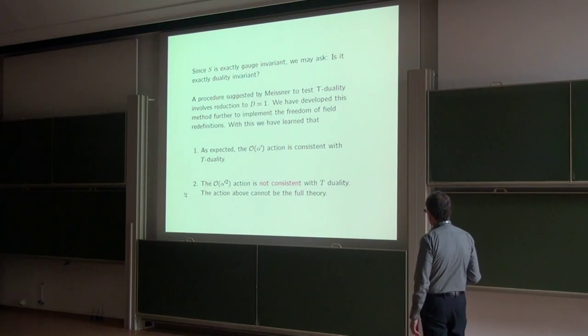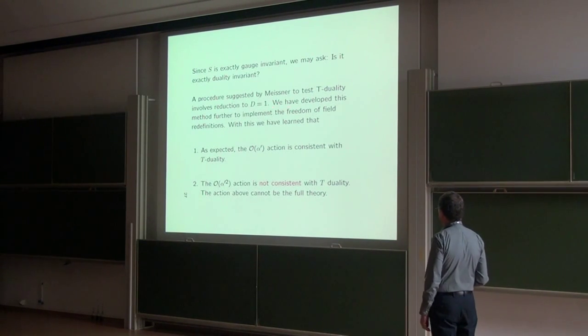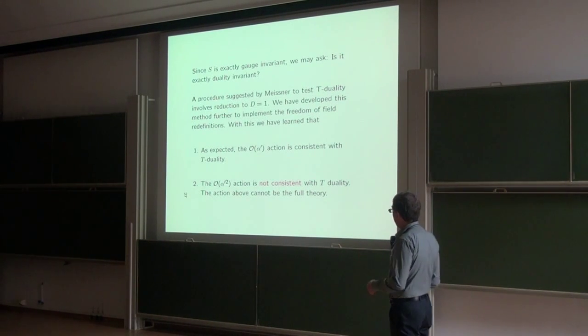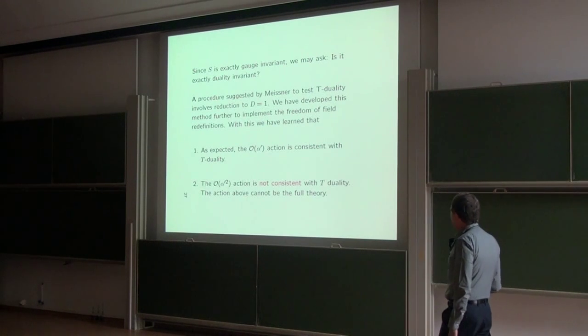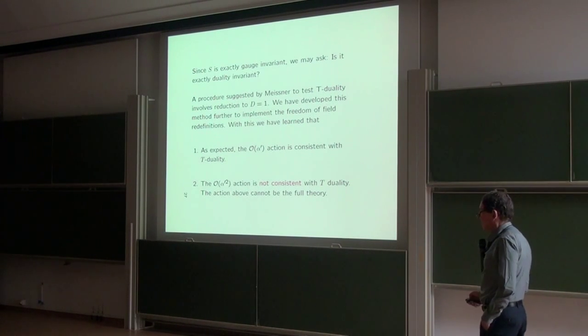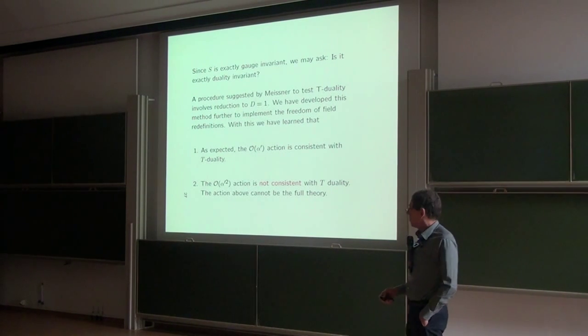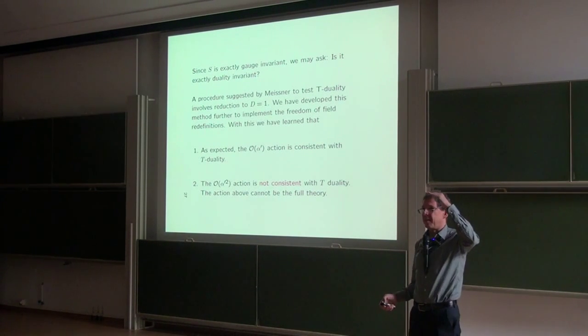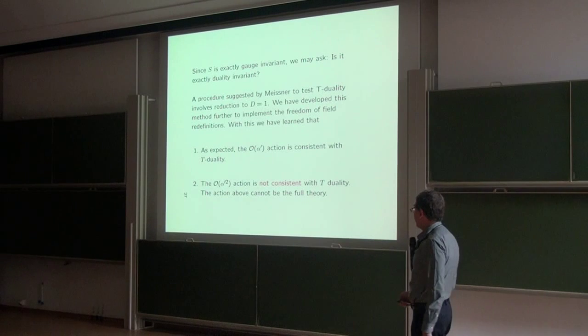This procedure needed a little development to implement field redefinition freedom, which can confuse all your calculations unless you deal with that properly. So we've developed that, and we're going to show how it's done. And with this method, you can test the duality invariance of an action. In particular, you can easily see if a theory is not duality invariant.